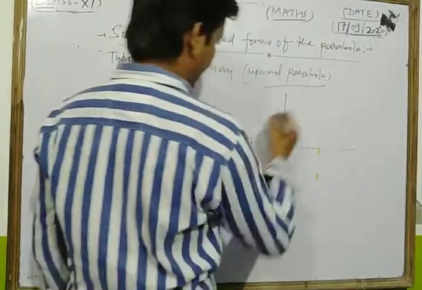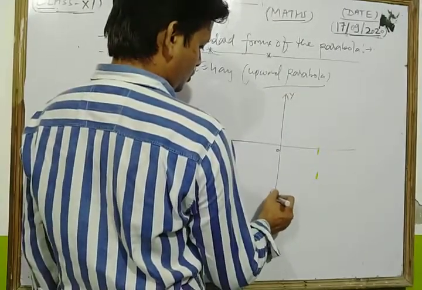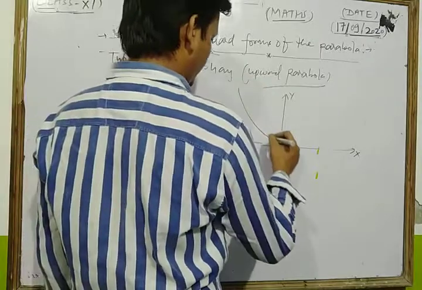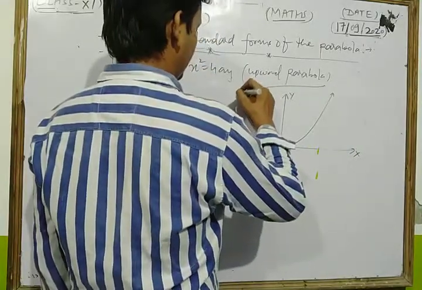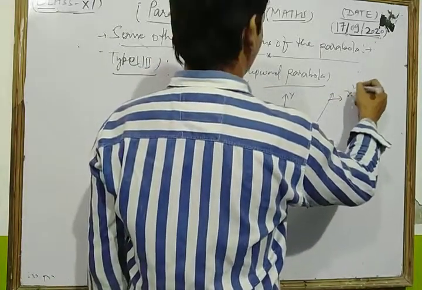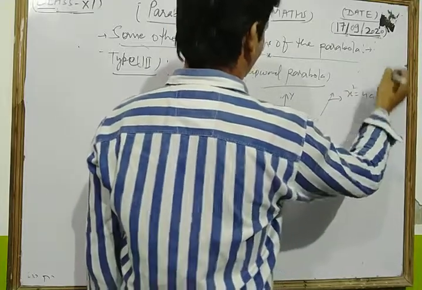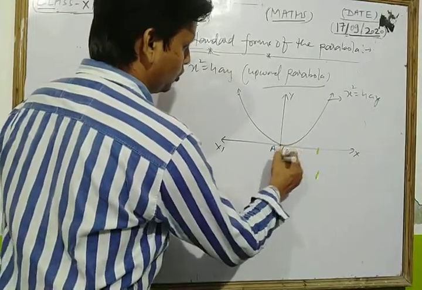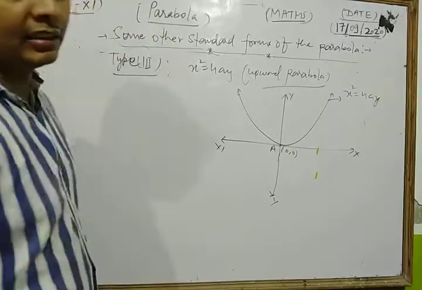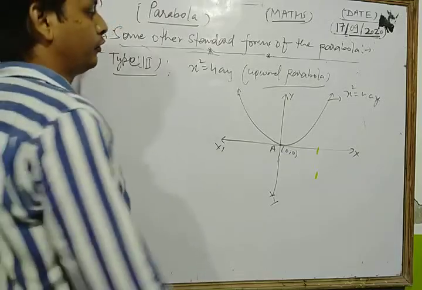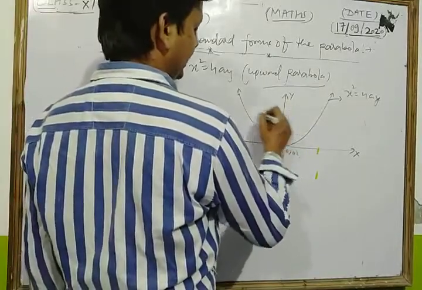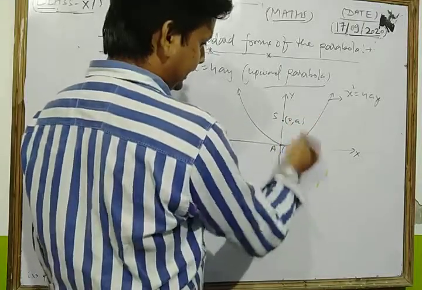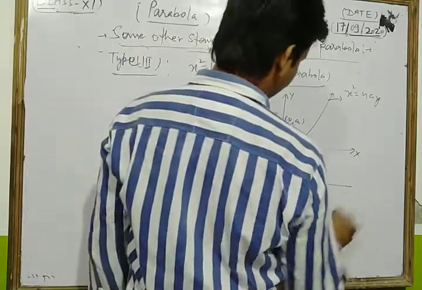Let's see, this is the y'oy and x'ox, and this is the upward parabola, x square is equal to 4ay, and the vertex A of the parabola is (0, 0). Okay, and dear student, here is the focus of that type of parabola, and the directrix is here on that side.